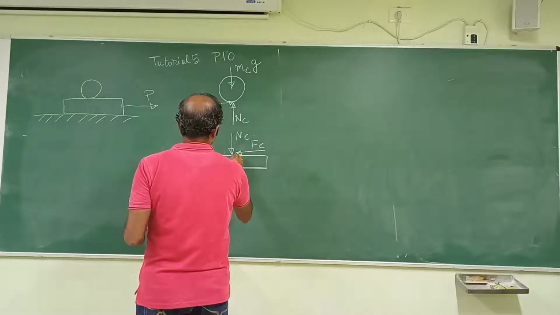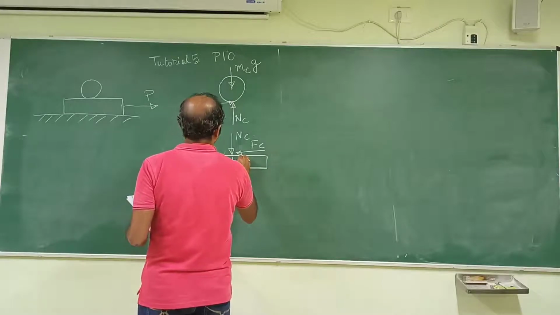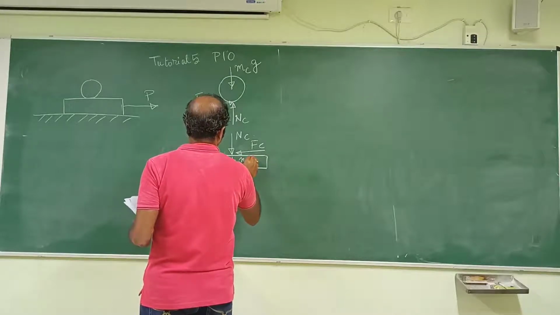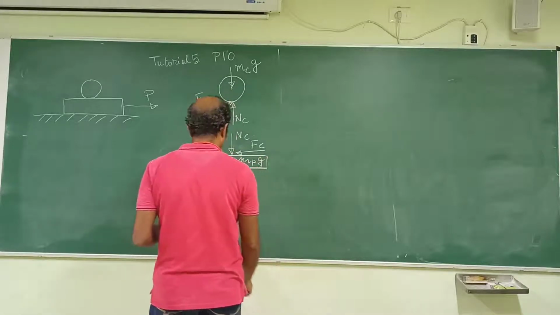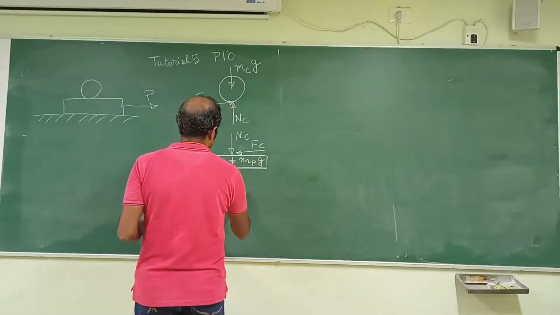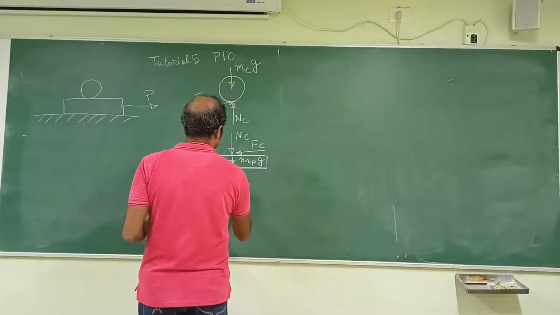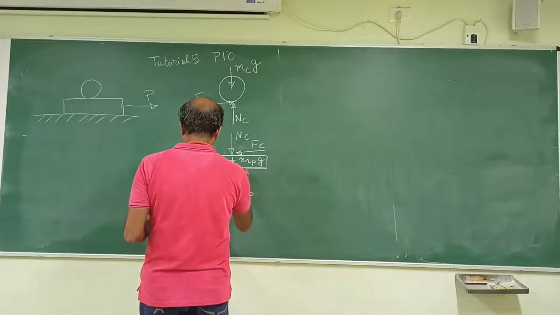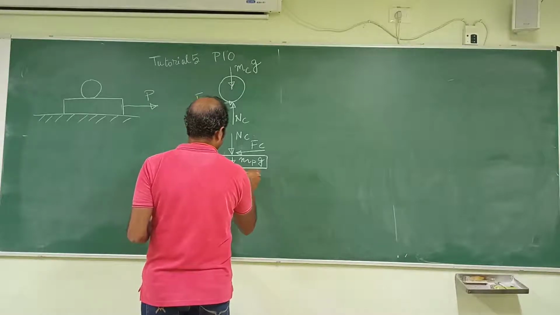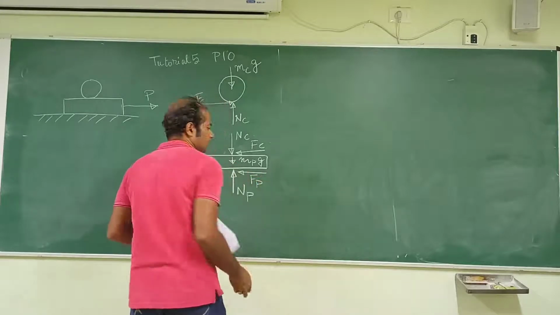Next, over here, the paper's weight, m_P times g, is there, and the normal reaction N_P is there, and at the same time you are going to have F_P, friction on the paper.